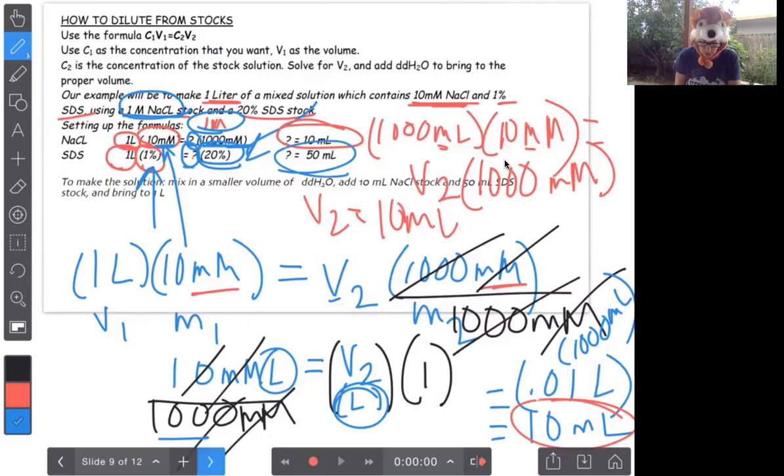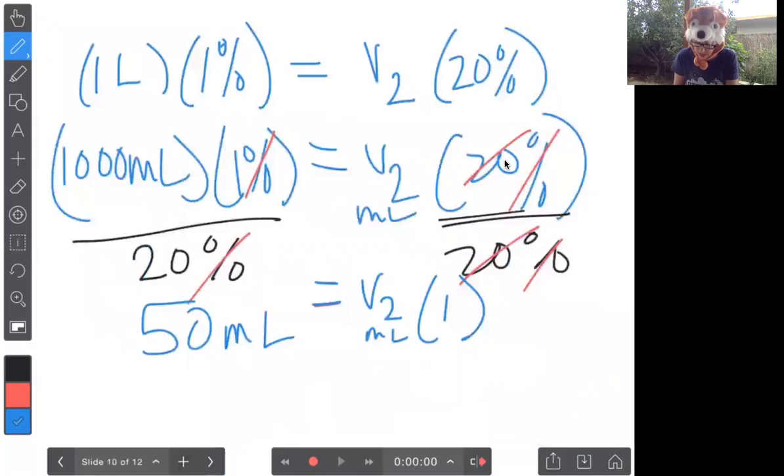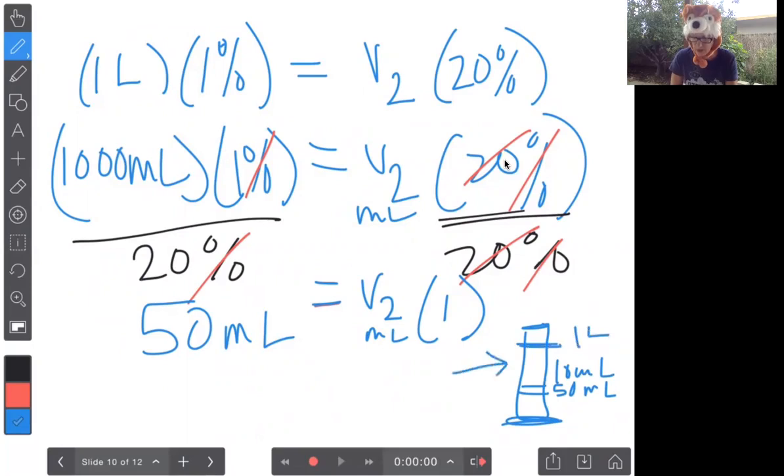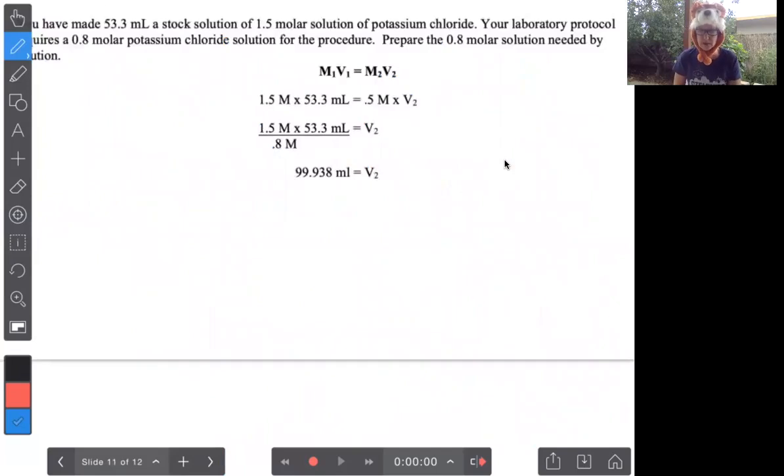So we take our graduated cylinder, and we put in our 50 mLs of our SDS stock solution. We put in our 10 mLs of our sodium chloride, and then we fill the rest up with water to 1 liter. And then we mix. Yay, we did it. See, math is fun. It's like a puzzle.